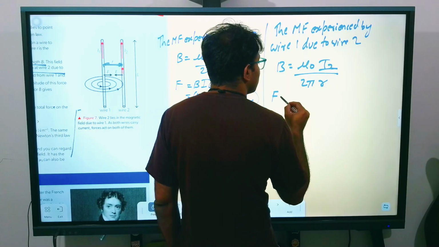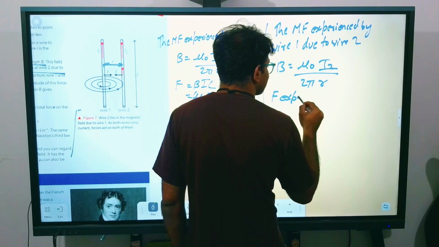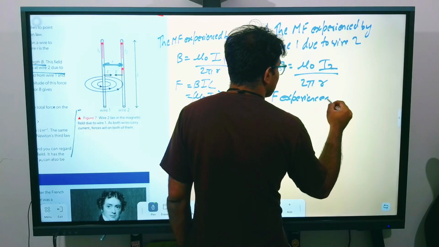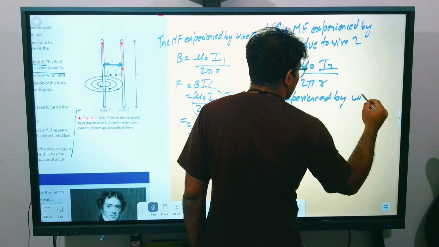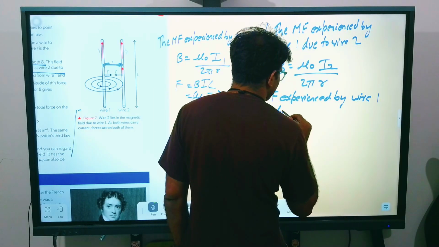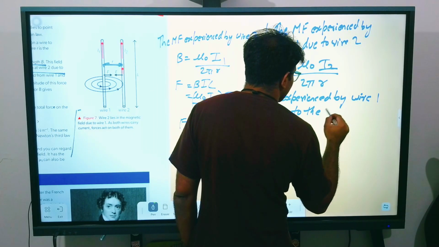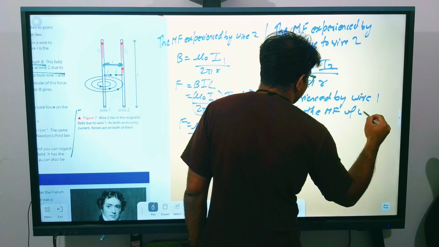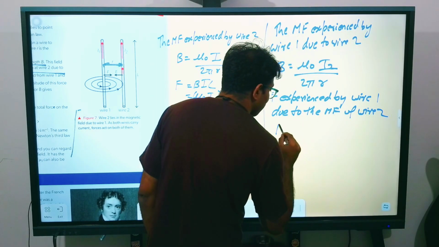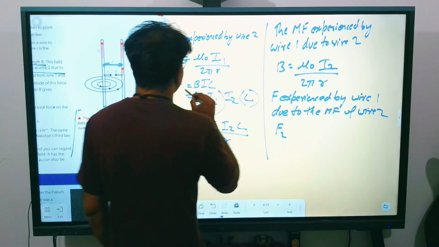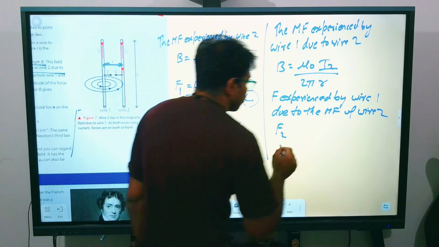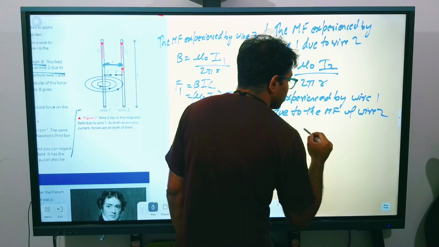So the force experienced by wire 1 due to the magnetic field of wire 2, let us call this F1. Okay, so F2 will be equal to how much?